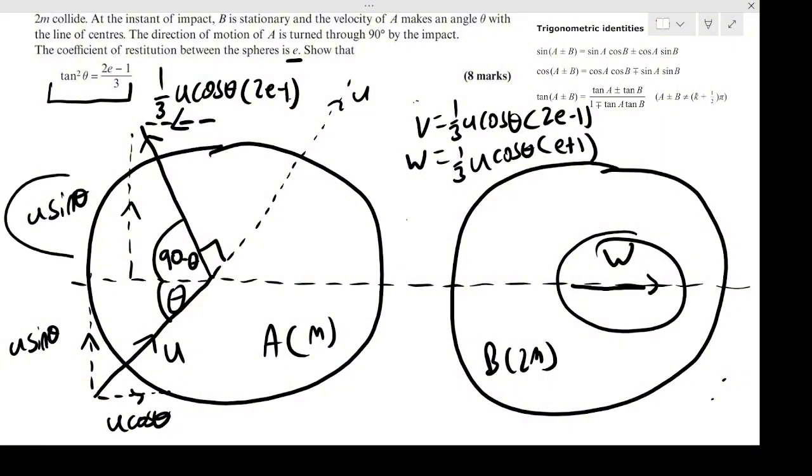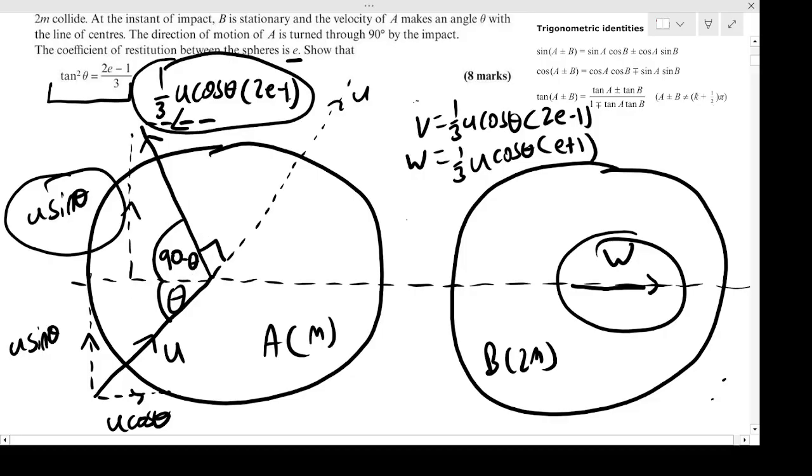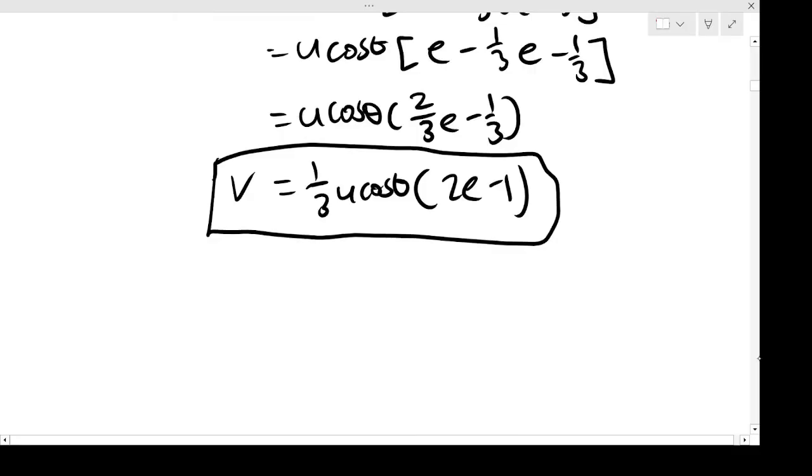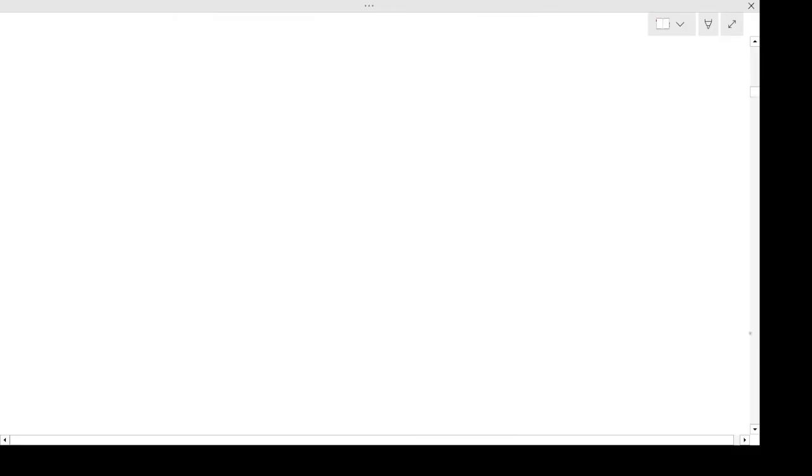I have u sine theta, and a third u cos theta times 2e minus 1, and I have an angle here. So I can do a bit of SOHCAHTOA and maybe get somewhere with these components. I'm going to draw out this triangle for A afterwards.